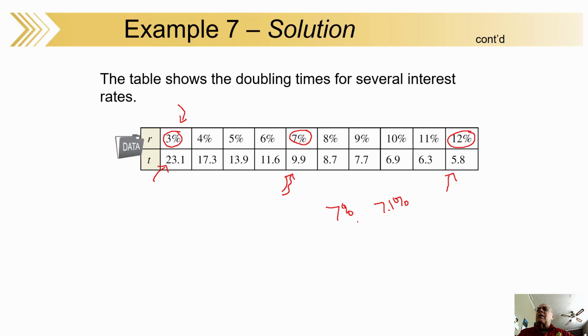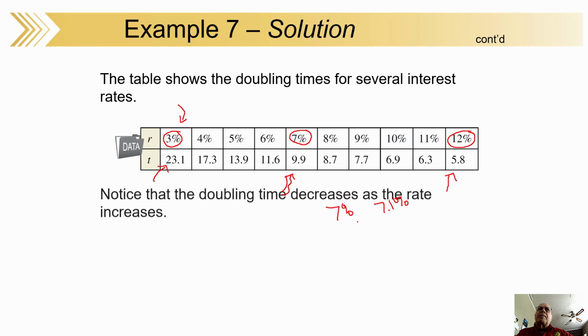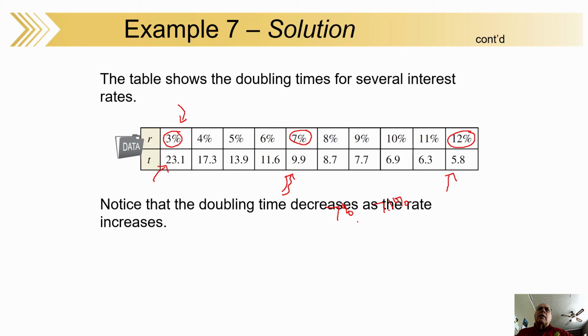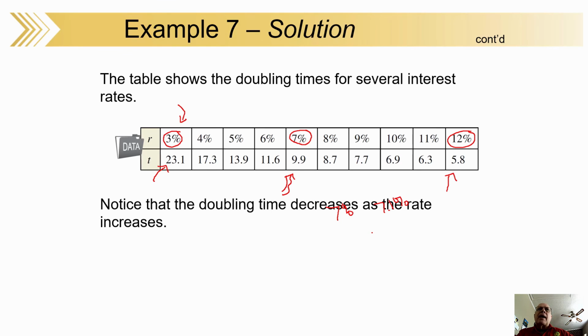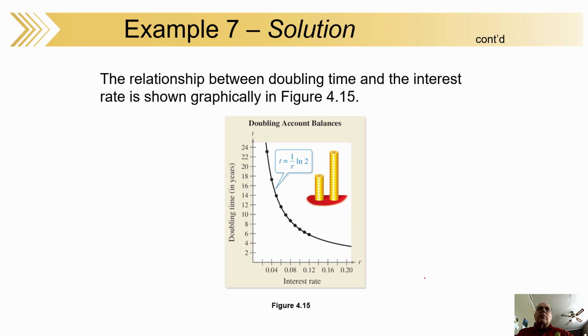So keep that in mind, please. Remember, those are the doubling times. And there's a picture of the doubling time and the interest that you just saw back here. Little graph. In other words, look for that high interest rate, so it won't take as long for your money to double.